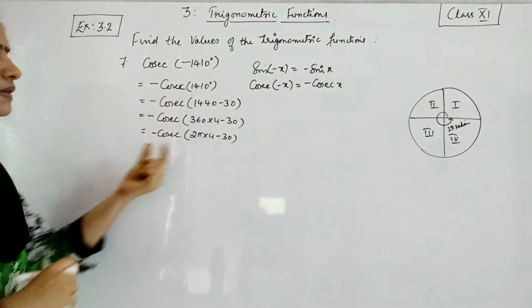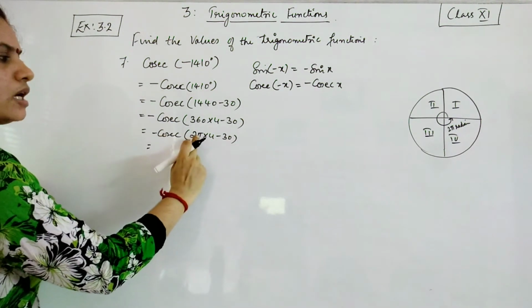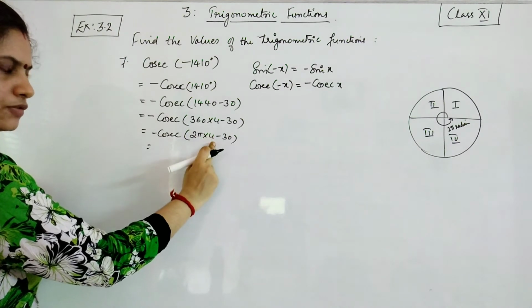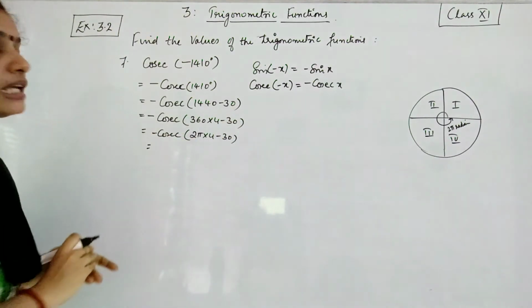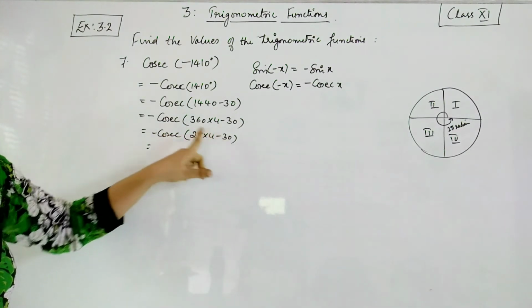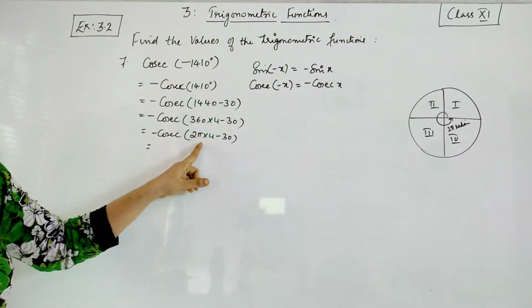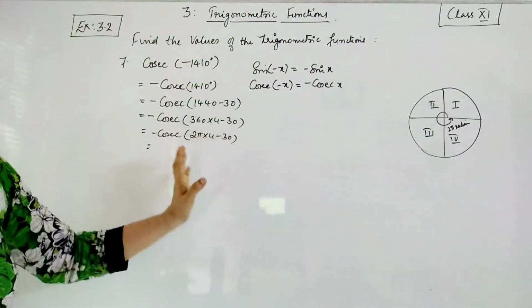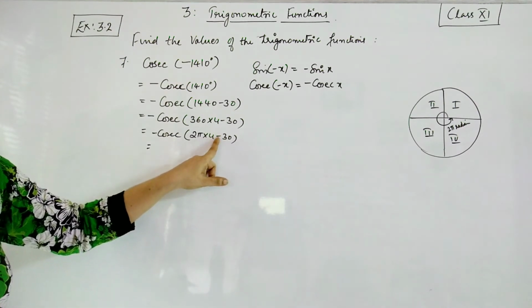Now since you have written it as a multiple of 2 pi, that is minus cosec of 2n pi, where n is 4 here, minus 30, you have to see in which quadrant it will lie. You will get that angle to be 30 because the property says that 2n pi plus x will give you that x angle, but whether we have to take that negative or not we have to see.